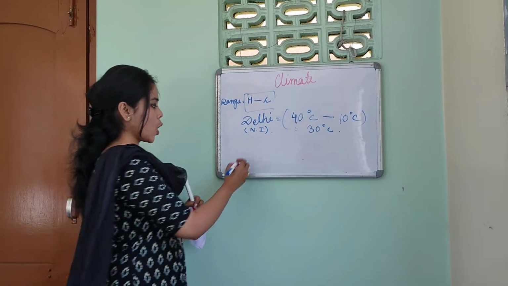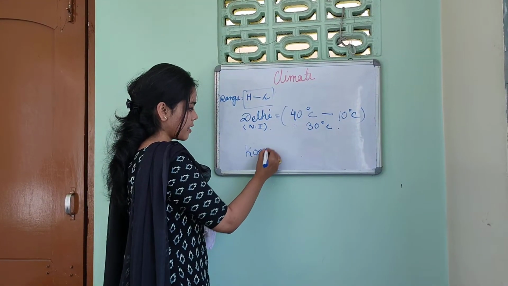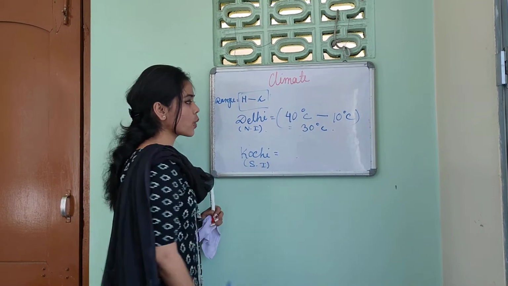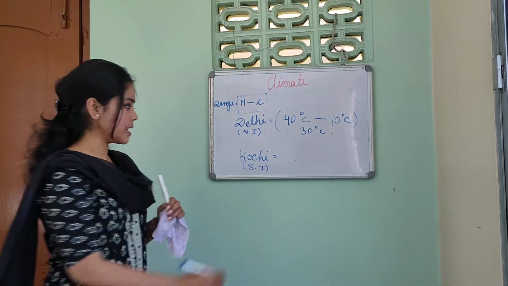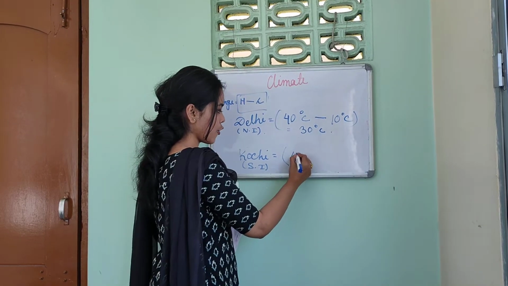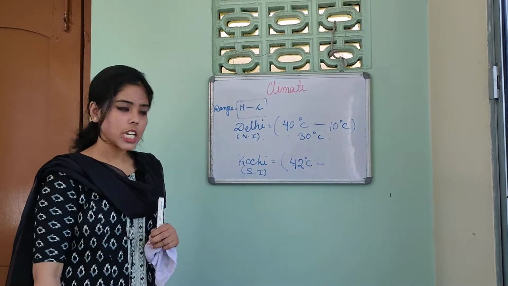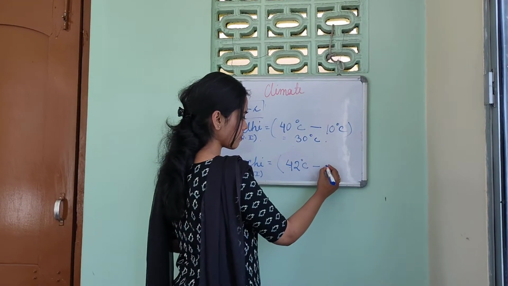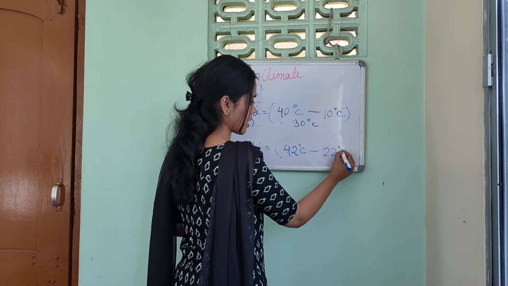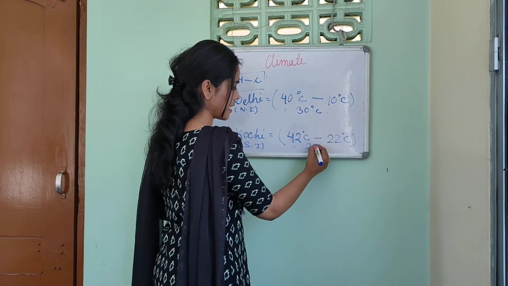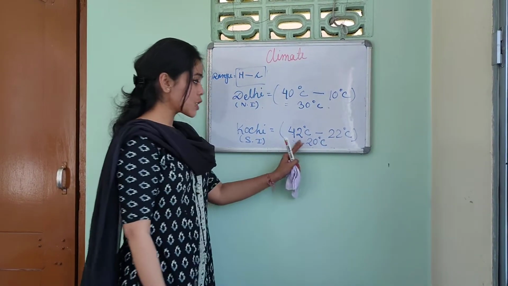Similarly, go to Kochi, which is in southern India, right? In Kochi, suppose the summer temperature is 42 degrees centigrade, and in winter the temperature is 22 degrees centigrade. So the difference will be 20 degrees. Why so?